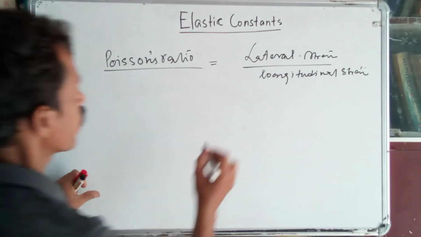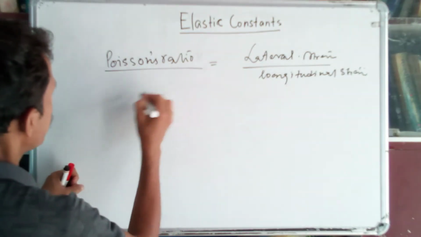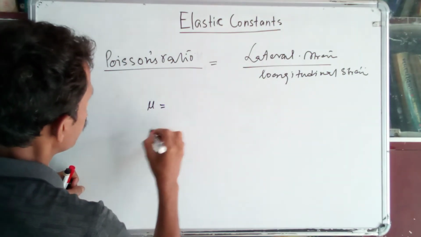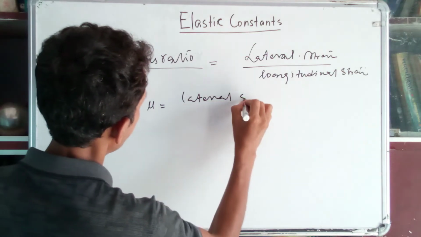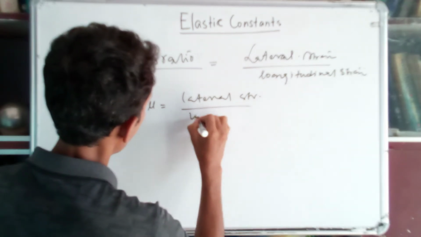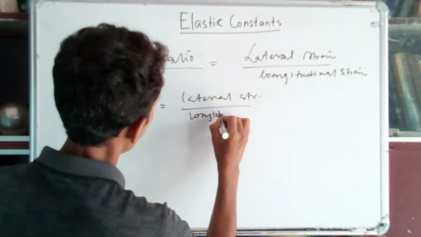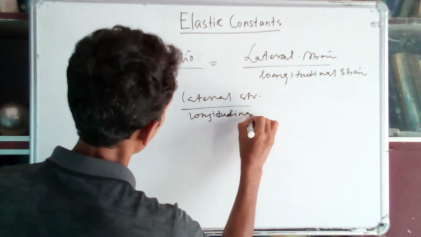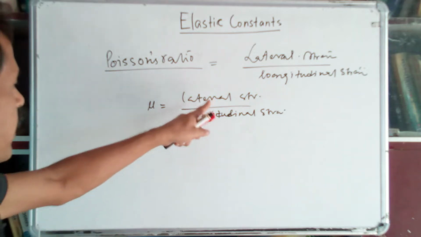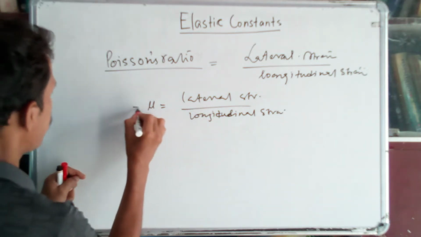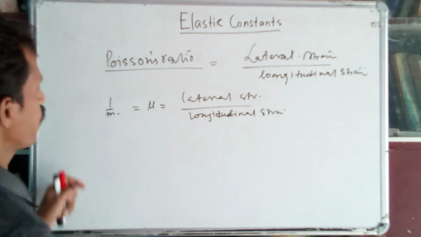That is defined by mu. So mu is equal to lateral strain by longitudinal strain, that is also defined by 1 by m.